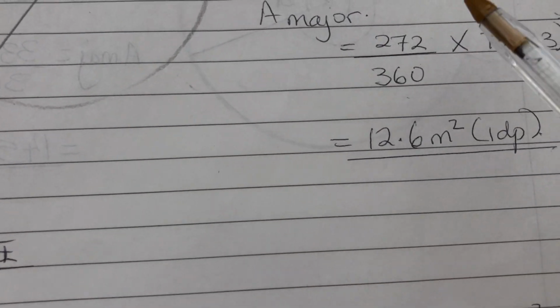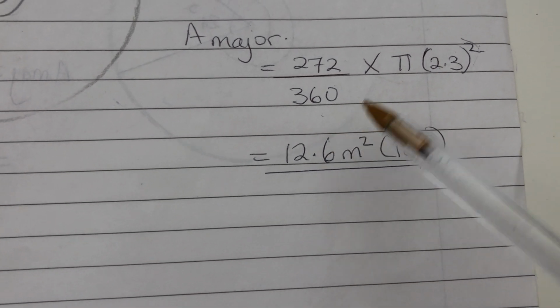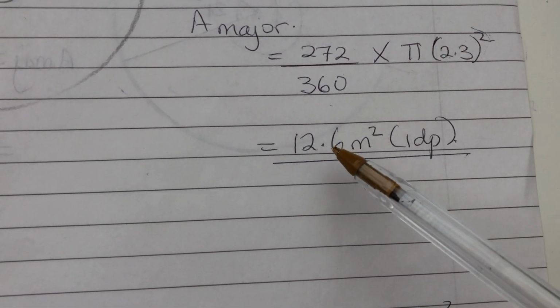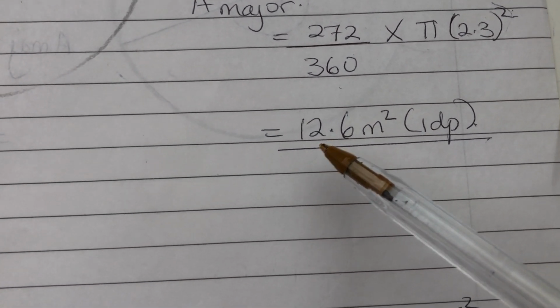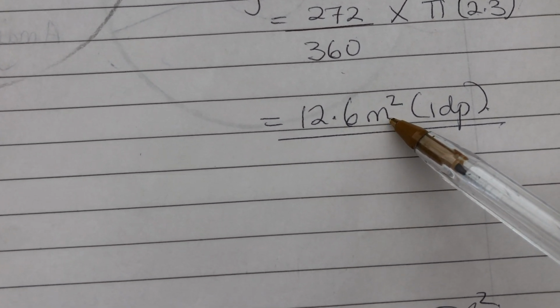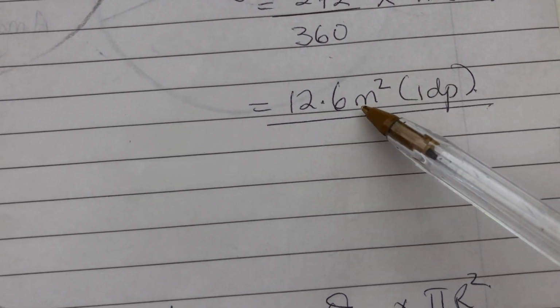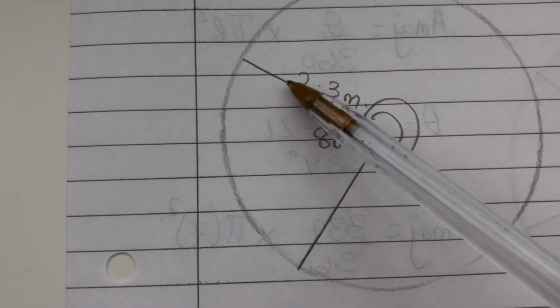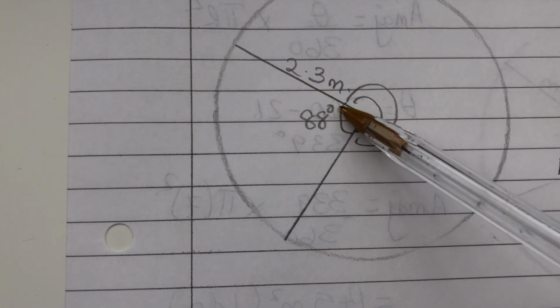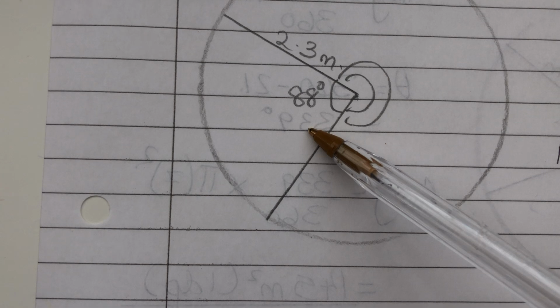Now, if you do it properly on the calculator with your pi, your answer will be 12.6 meters squared to 1 decimal place. Meters squared because our radius is in meters.